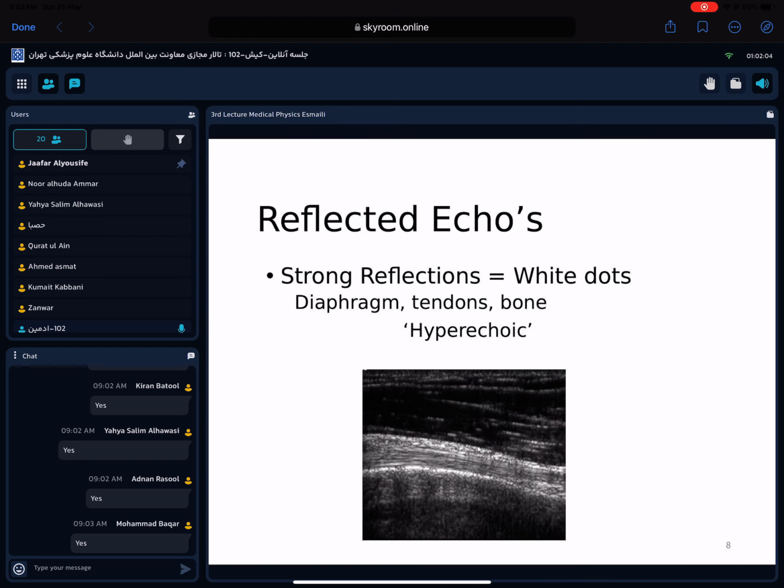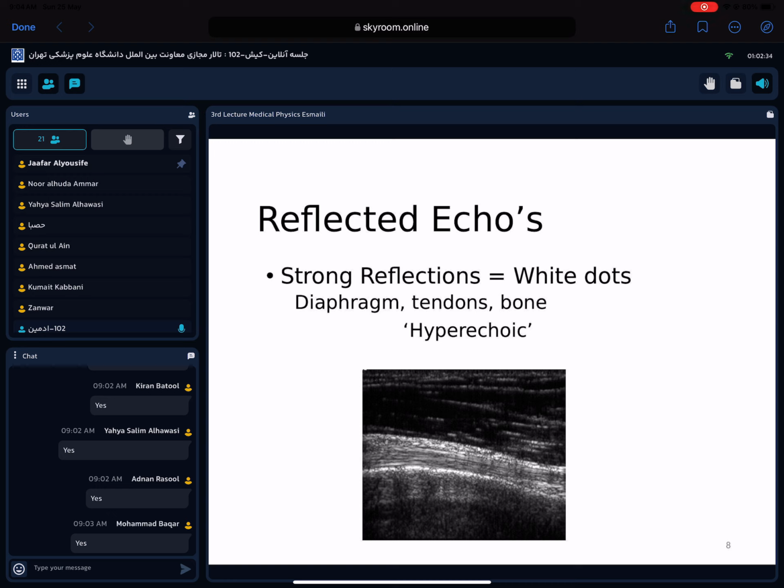But please pay attention to these three slides. In these three slides, I defined for you the three regions which I talked about previously. For example, if we have a strong reflection, the strong reflection is shown by white dots. So white dots on the sonogram image represent the strong reflections. Which kind of tissue produces strong reflection?